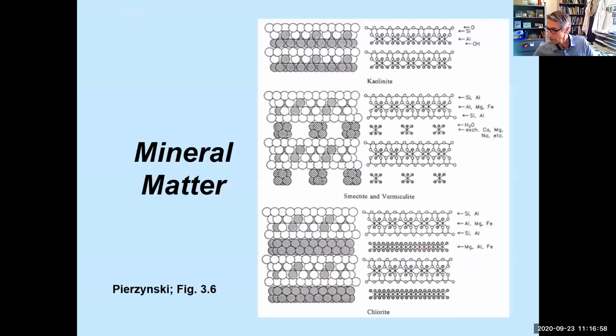Now, here are some common secondary minerals. That is, this is the molecular structure of those common secondary minerals, right? And you know that these ones right here are classified as one-to-one phyllosilicates, right? They have this tetrahedral layer right here, which is composed of silicon and oxygen.